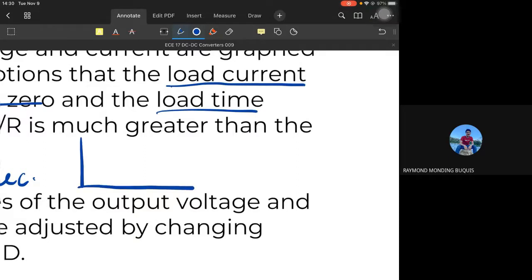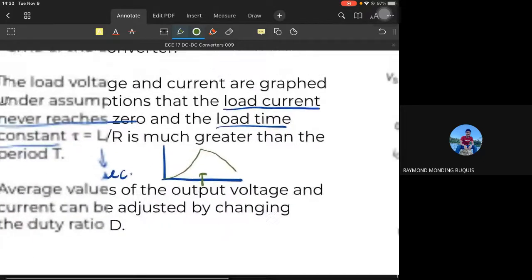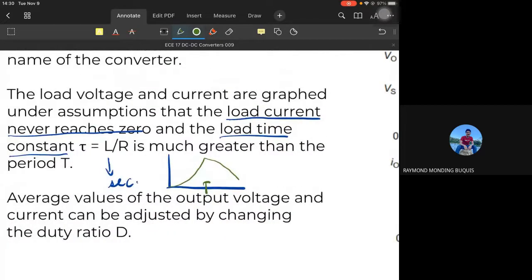If I'm not mistaken, tau is the time of discharge, the inductor's response. So tau should be much greater than the period.